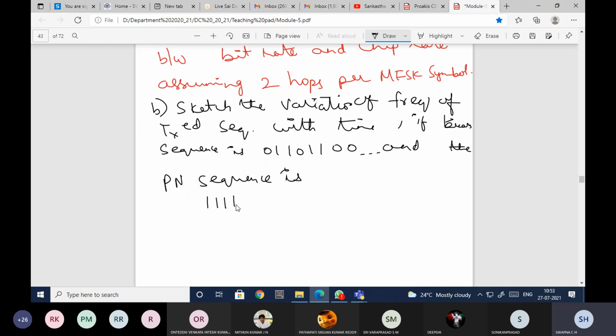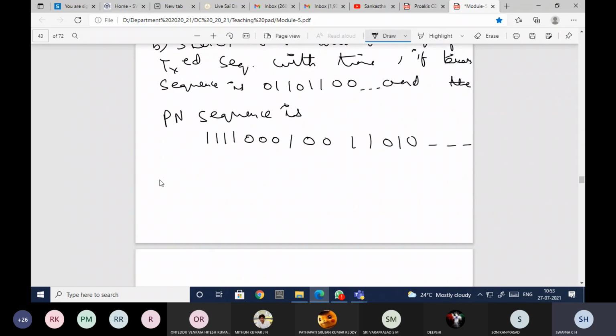Here he has given the PN sequence, you need not generate it. Okay, it's again the repetition. Okay, this is the second part.